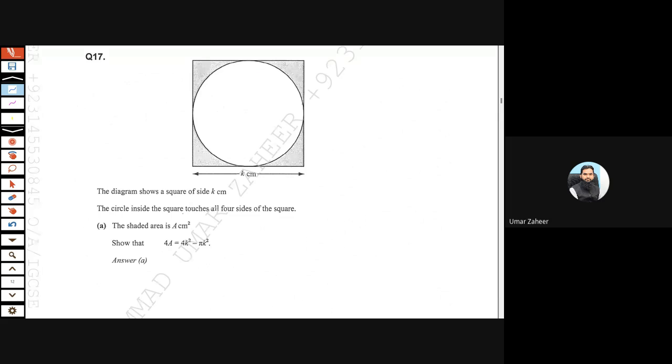Okay, so the diagram shows a square of side k. It is k, it is k, everything is k. All right, so if I'm going to take the radius, what is the radius? Yes, everyone, what is the value of the radius?